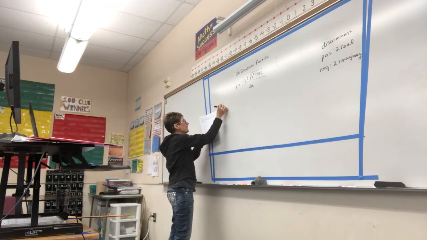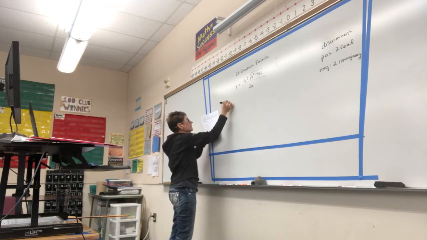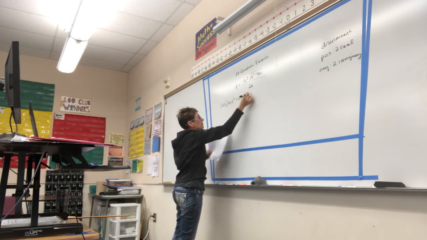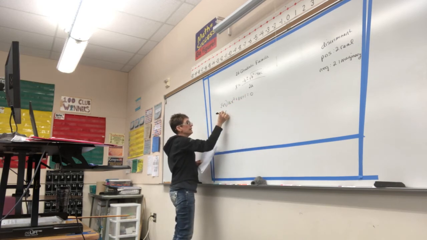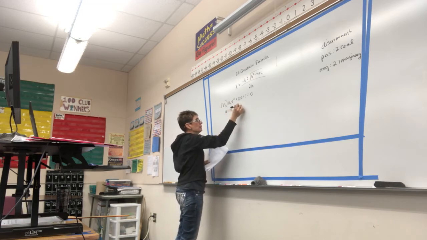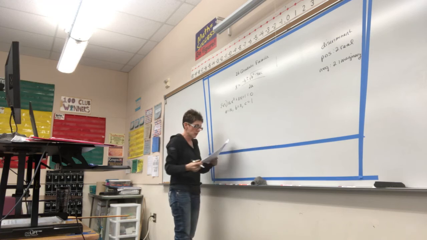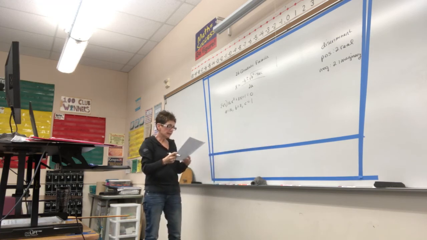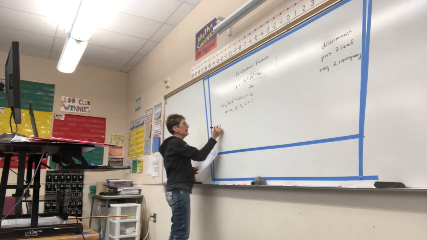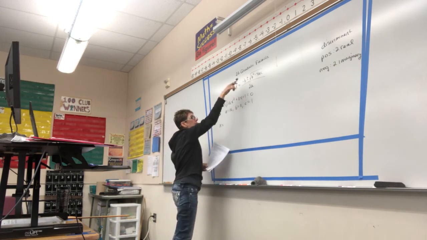So this is example number 3. 16x squared plus 8x plus 1 equals 0. Again, we want to identify A, B, and C. So A is 16, B is 8, and C is 1. And then we're going to set x equal to this function here.